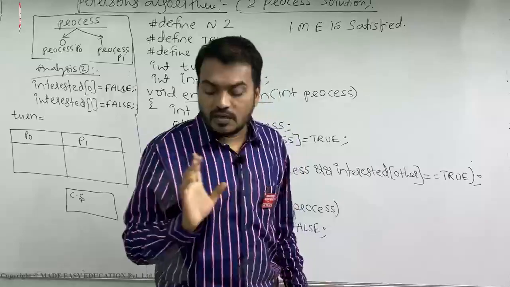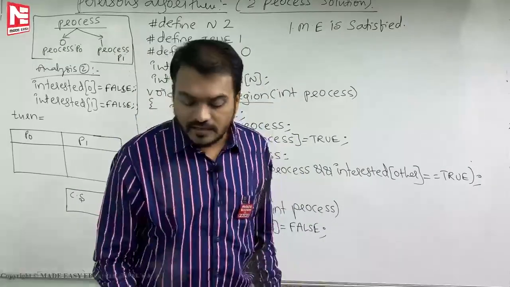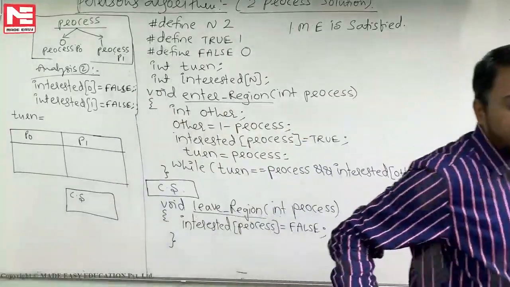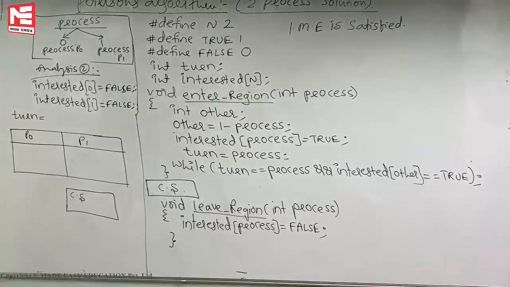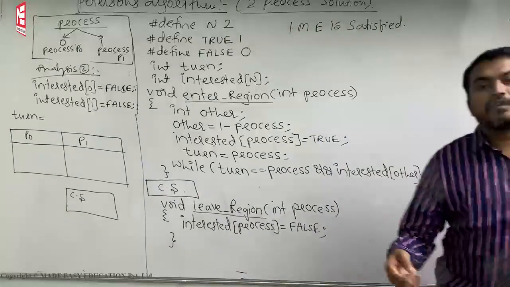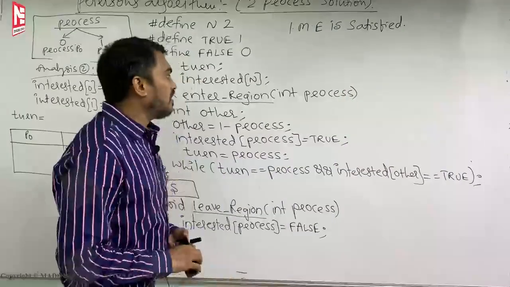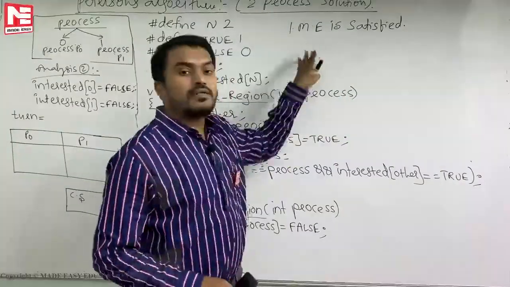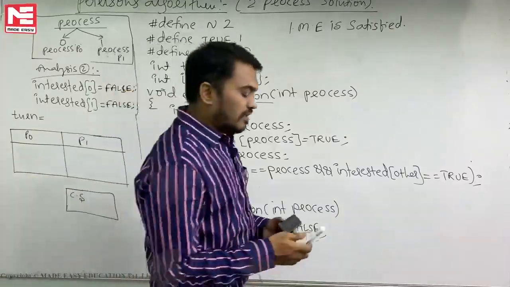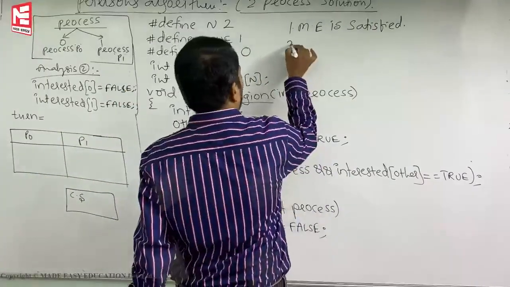Is that clear? So you try in any possible manner, and only one process comes into the critical section, so that is the reason you say mutual exclusion is satisfied.